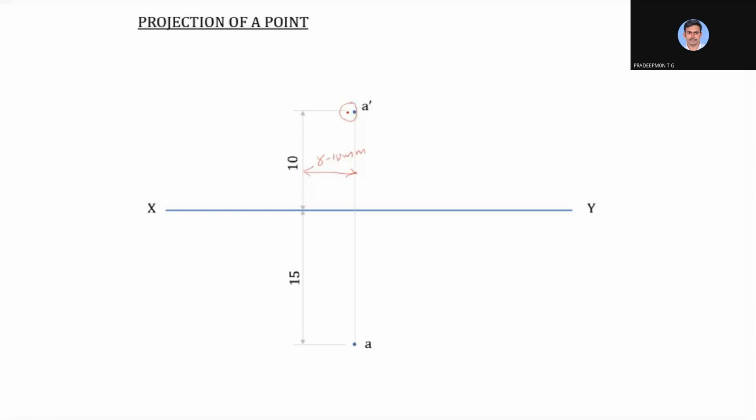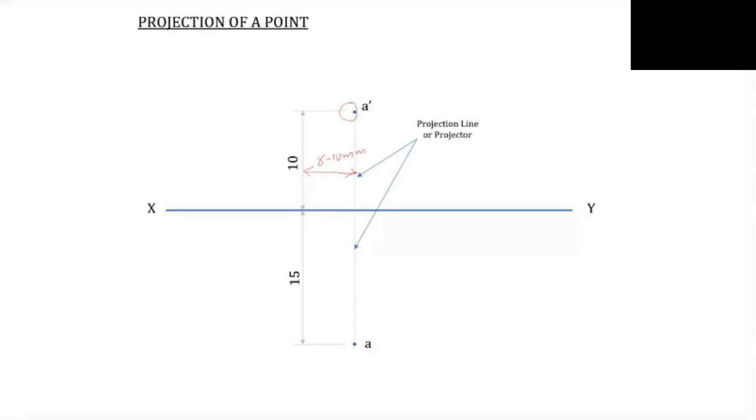You don't have to measure it, but at least a small gap should be there. It should not be a large gap. And this should also be 8 to 10 millimeter. No need to actually measure it, but at least you must know how much it will be. That you should understand and draw this one. So this is how a projection of a point is being drawn.